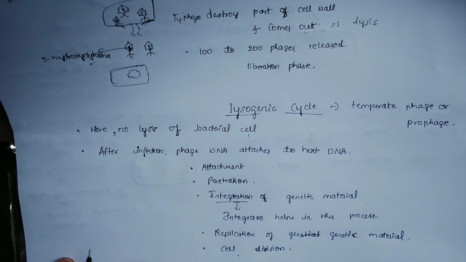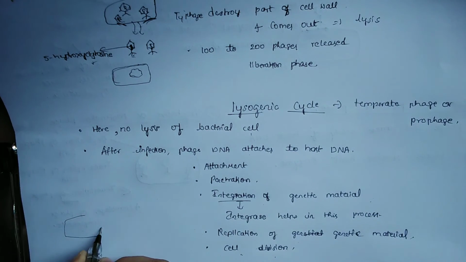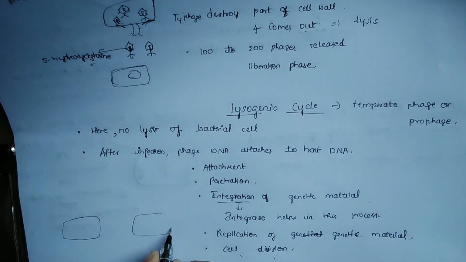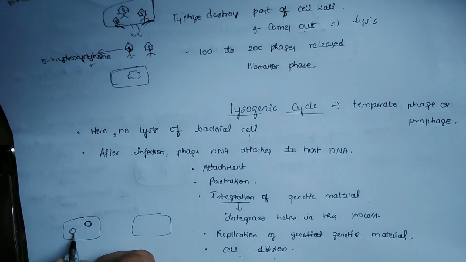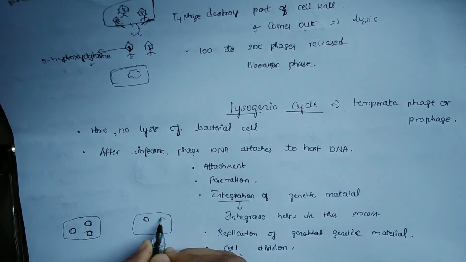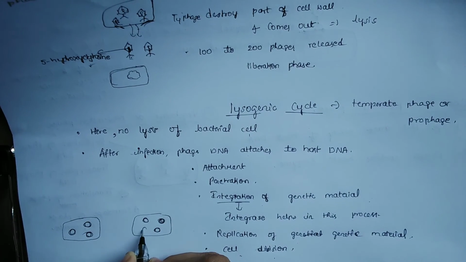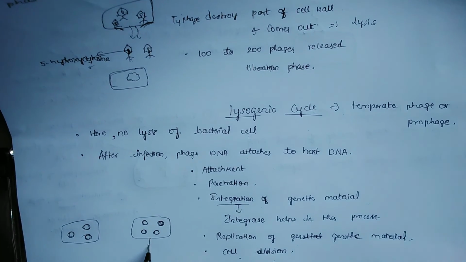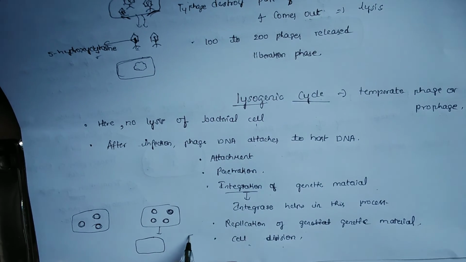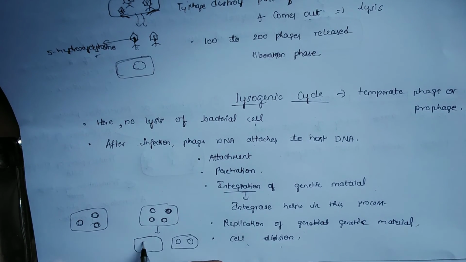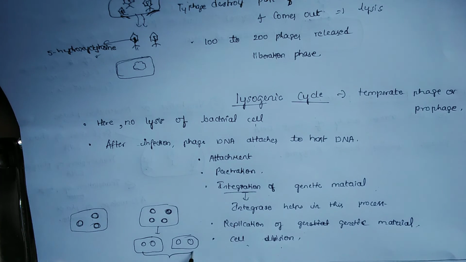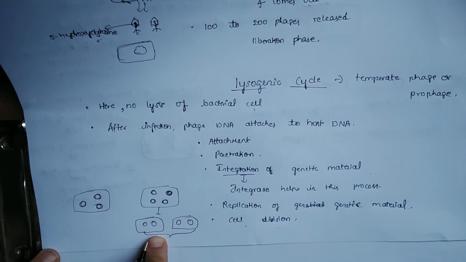So there are two bacteria. Newly formed phages are formed as the cell divides itself. This is the lysogenic cycle.